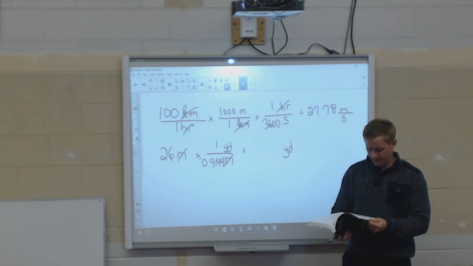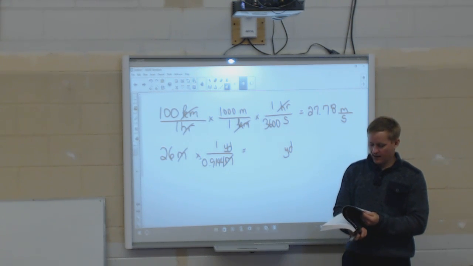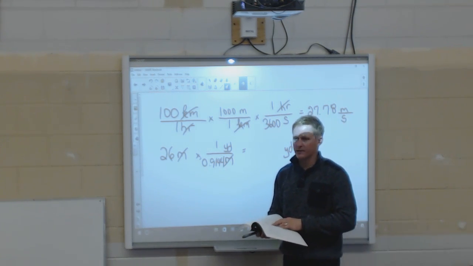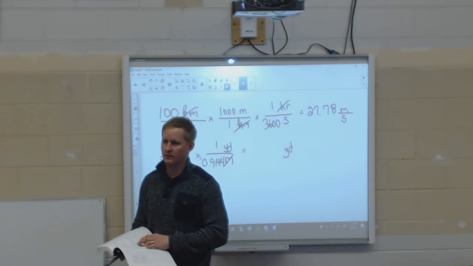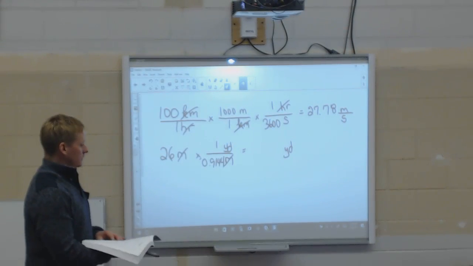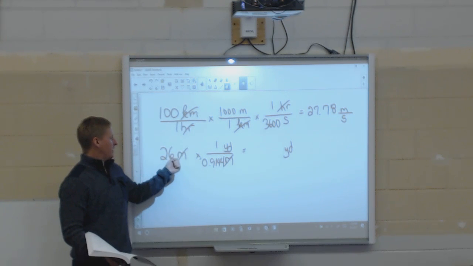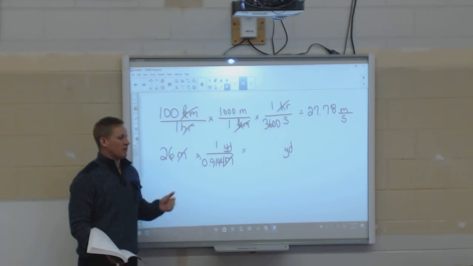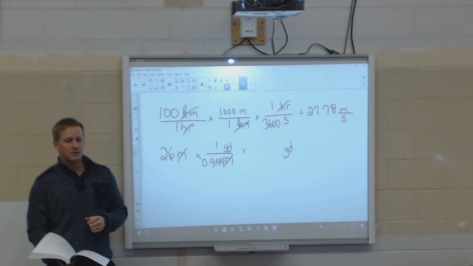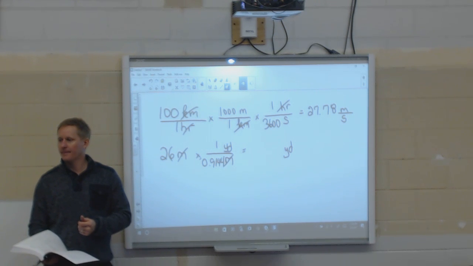When I look on this, I also see that 1 meter is 1.094 yards. So if I'm looking at it, I'm thinking, am I going to get a larger number than this or a smaller number than this when I do this question? I should get a larger one.